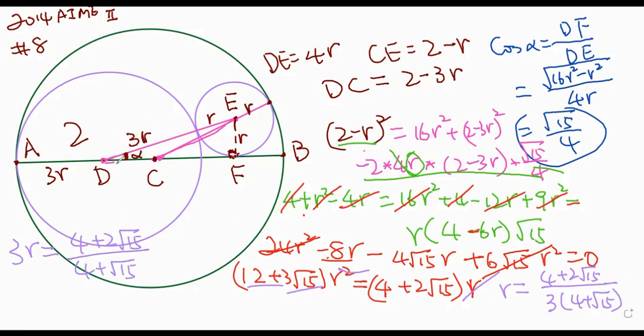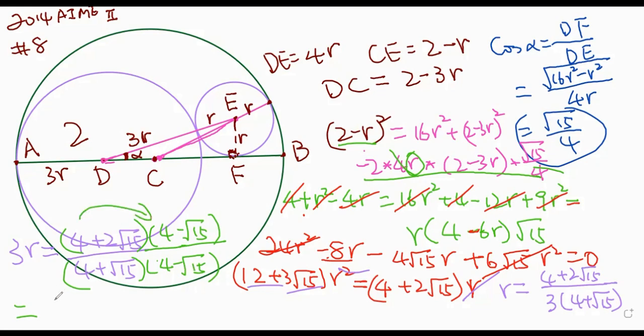This is not the form we needed. So what we can do, we just simplify. This simplification is easy because on the top and the bottom we just multiply by 4 minus square root of 15. So the denominator uses a squared minus b squared, 16 minus 15, so it's 1.